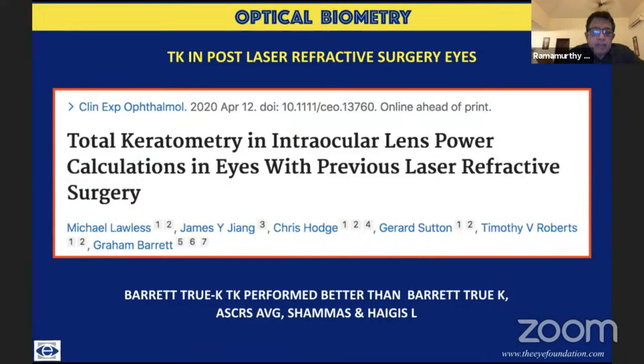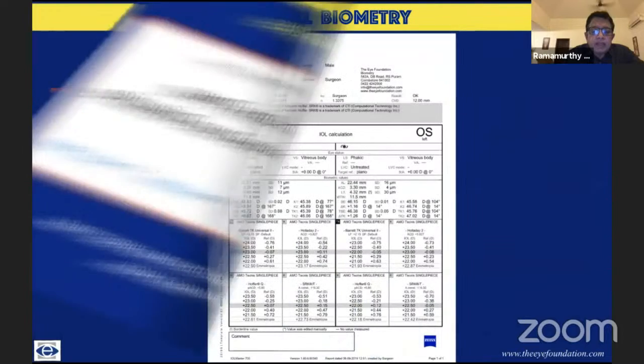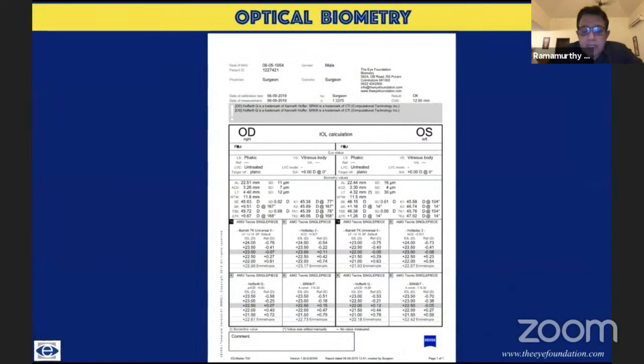Today, because of the precise measurement of the posterior corneal curvature, these studies, which have just come out in the April 2020 issue, have shown that the accuracy of the intraocular lens power calculation, especially for toric intraocular lenses, becomes significantly enhanced. With the availability of the IOL-Master 700, our very workflow has changed.